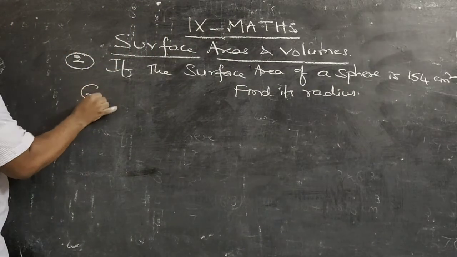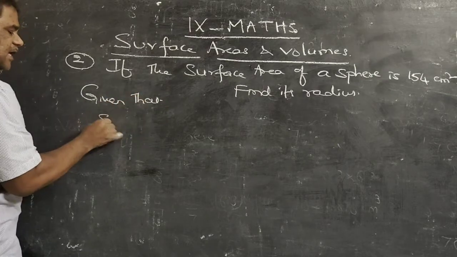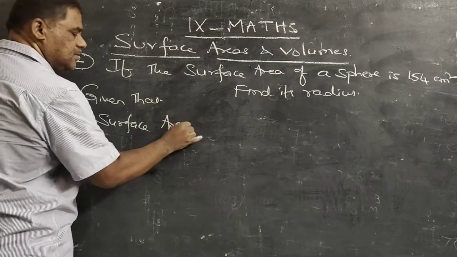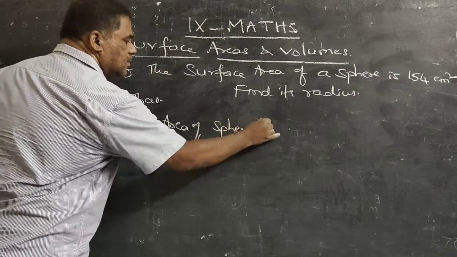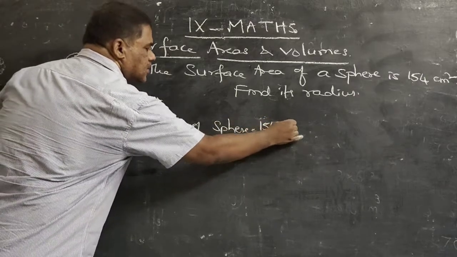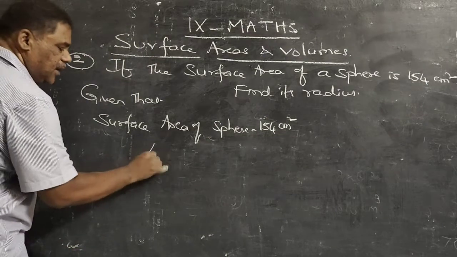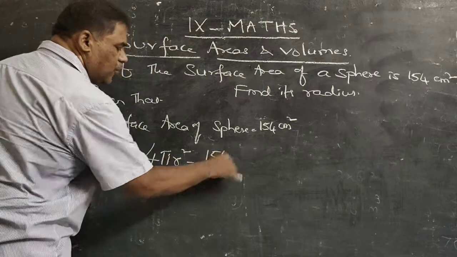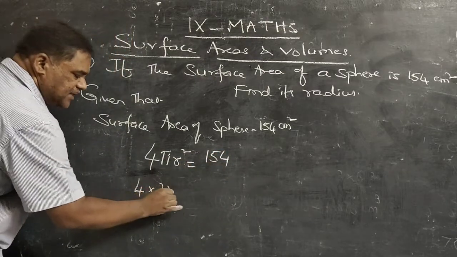Now given condition is surface area of the sphere is given. Surface area of the sphere is given by the formula 4 pi r square, that is given as 154. 4 into pi is 22 by 7.